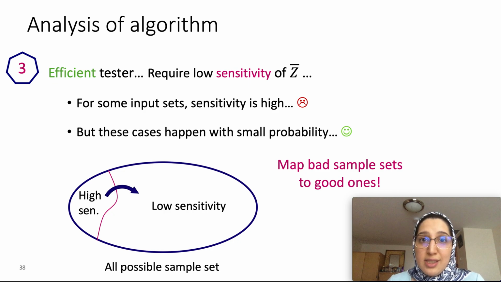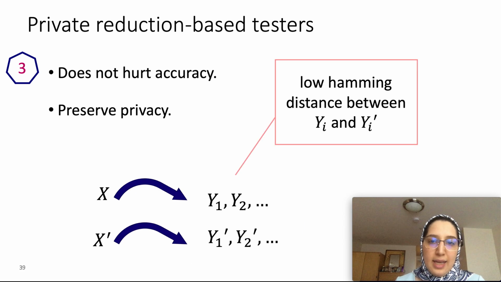Obviously, this does not give us an accurate test result, because we are getting our input and changing it to whatever we want, but it does satisfy the privacy guarantee. And since those bad data sets happen with only a small probability, it does not change the accuracy by a large factor. As long as it happens with a small probability, we can handle that.